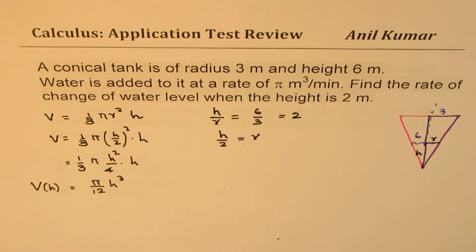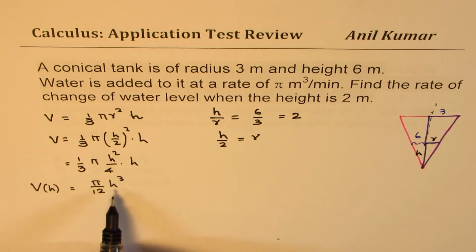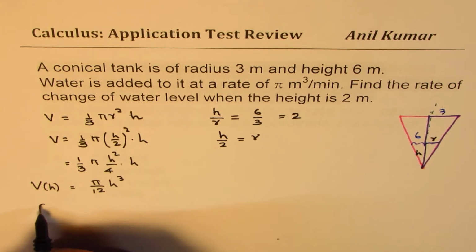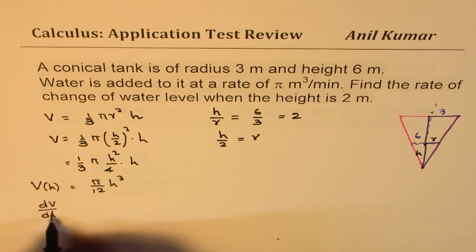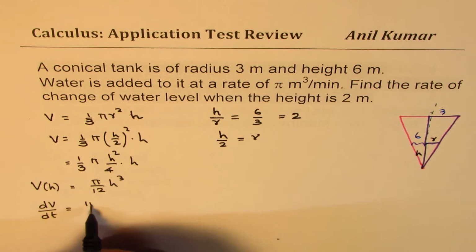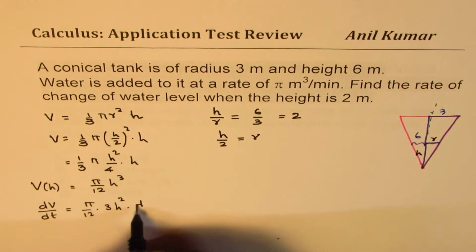Volume becomes a function of height. From this equation, we can easily find the rate of change of height if we differentiate both sides with respect to time t. Correct? So what we get here is dV/dt equals pi over 12 times 3 h square dh/dt.